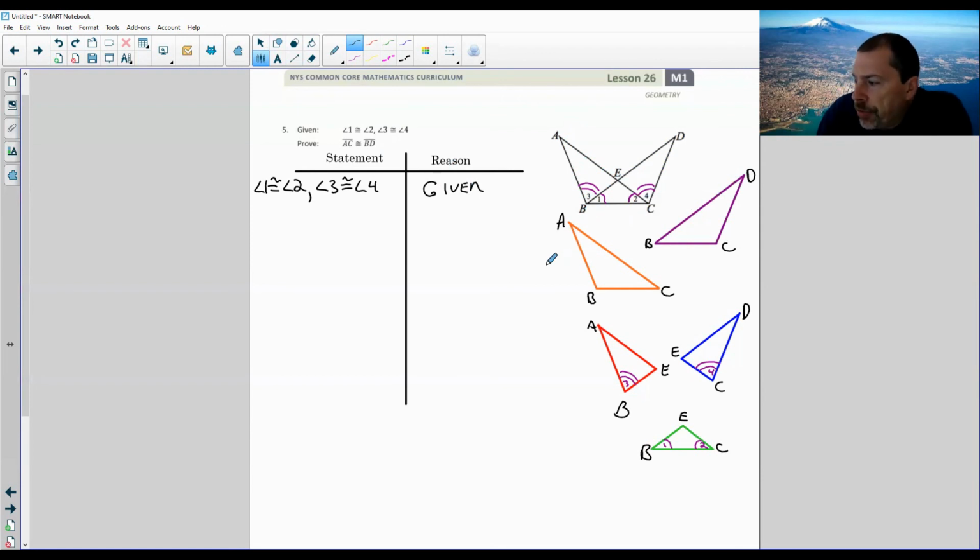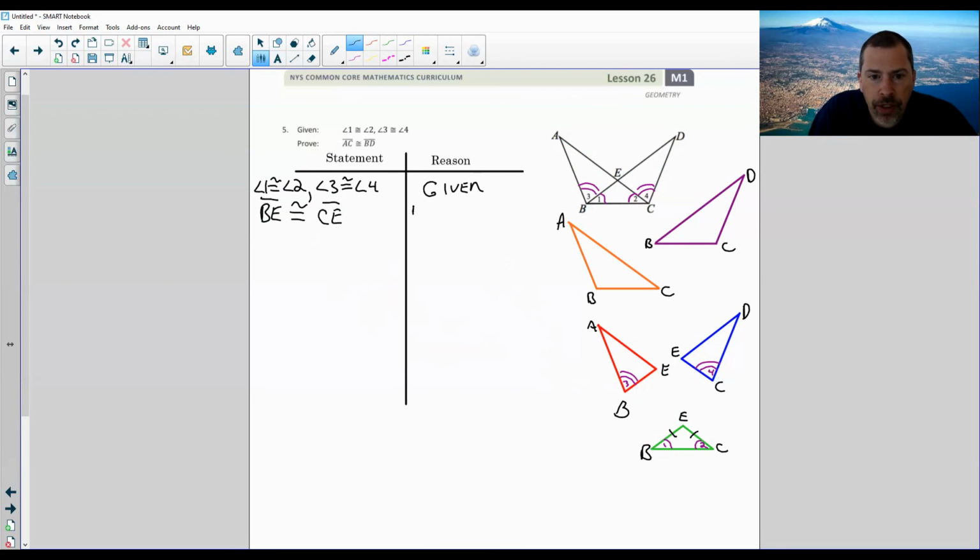All righty, so we have an isosceles triangle down here in E. So now I can say BE is congruent to CE. Okay, reason.